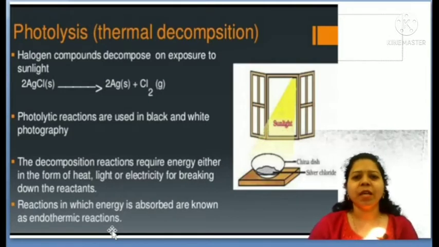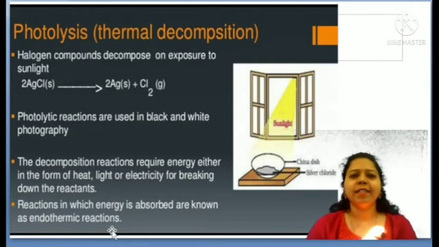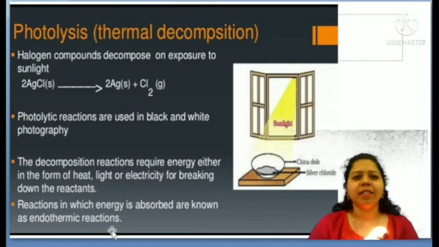For example, if we are using heat to decompose, then that is a thermal decomposition. If we are using light to decompose, then that is a photolytic decomposition reaction. And when we are using electricity to decompose the reactant, then that is an electrolytic decomposition reaction.